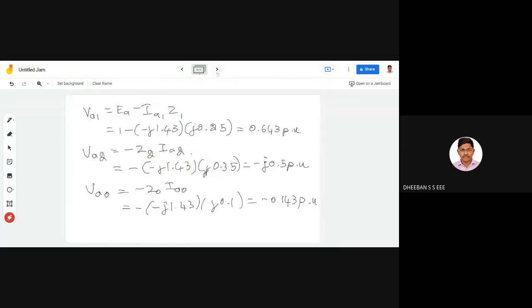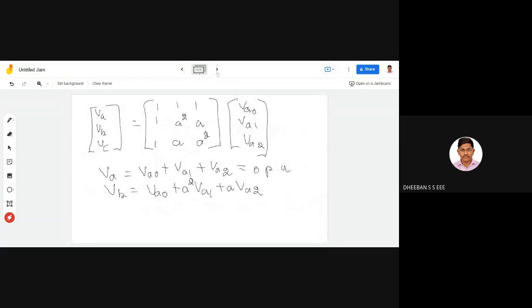So after this, you have to go through with your symmetrical component matrix equation. So this is your symmetrical component matrix equation. You have to determine the actual values of your VA, VB, and VC. Okay, that you have to determine. So from this equation, you have to multiply it.